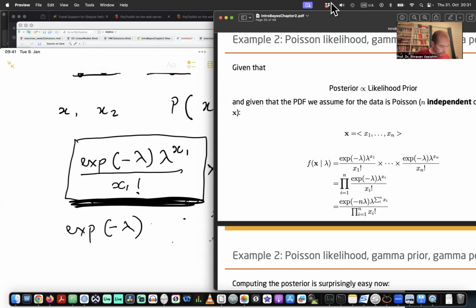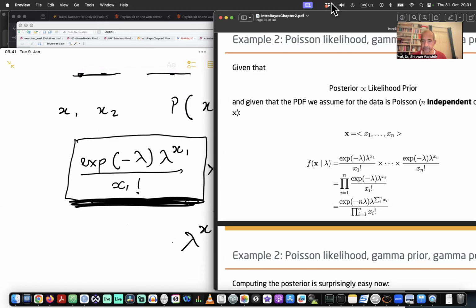Let me start over, sorry. First of all, what I wanted to show you is that if I wanted to multiply these two terms, one important thing that will happen is that I'm going to get x1 plus x2.